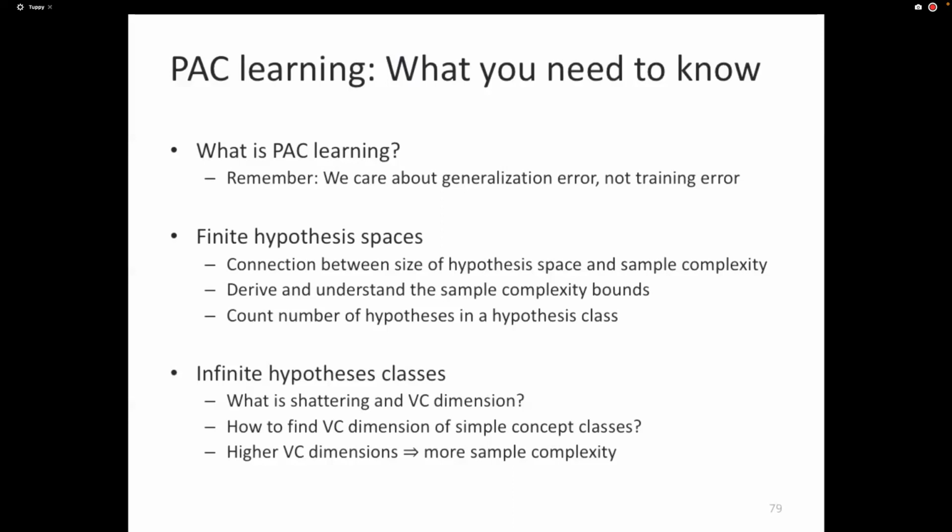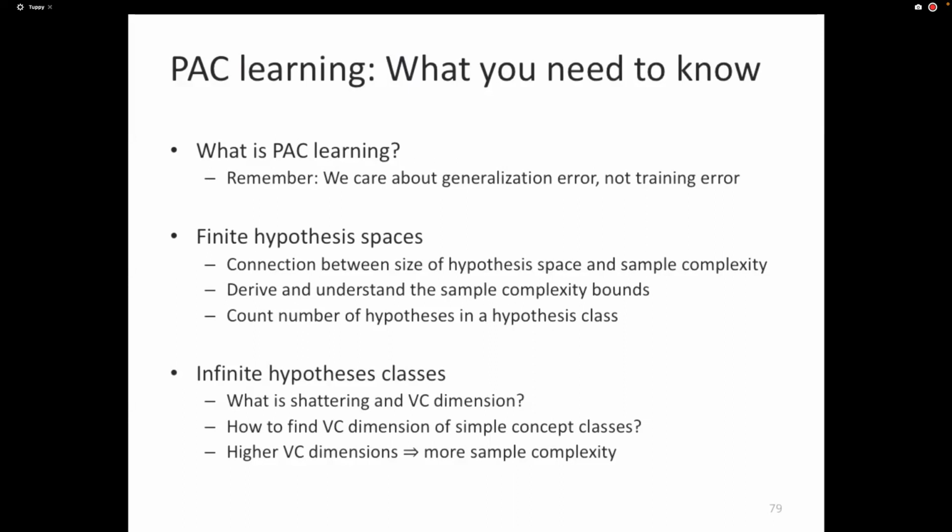We considered two different types of hypotheses, the finite case and the infinite case. In the finite hypothesis setting, we drew a connection between the size of the hypothesis space and sample complexity. And you should be able to derive and understand the sample complexity bounds. We should be able to count the number of hypotheses in a hypothesis class.